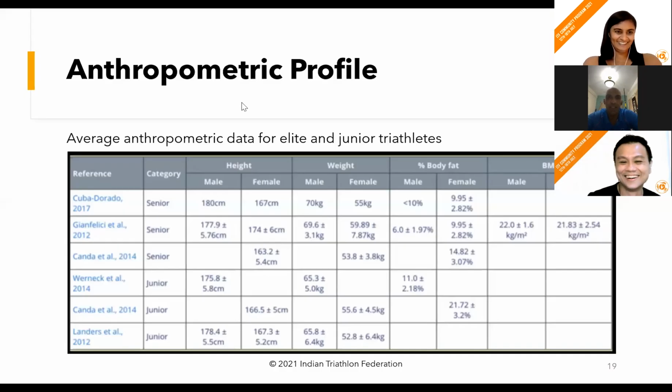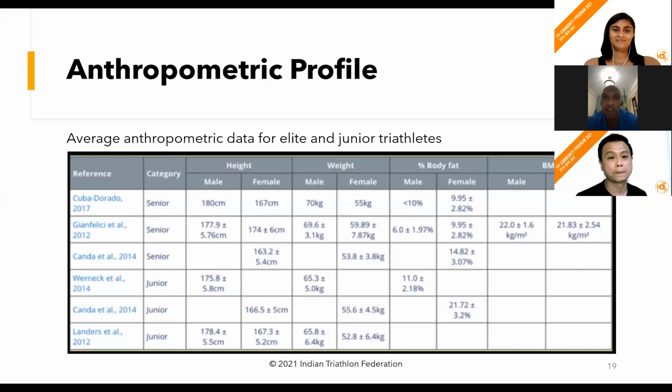So the next chart is again something I was telling you. It shows the anthropometric profile. Keep in mind, like I said, these are international charts. So just for a fun fact, start comparing how your athletes stand up in different categories. More than likely our Indian seniors are going to be compared with the junior category.